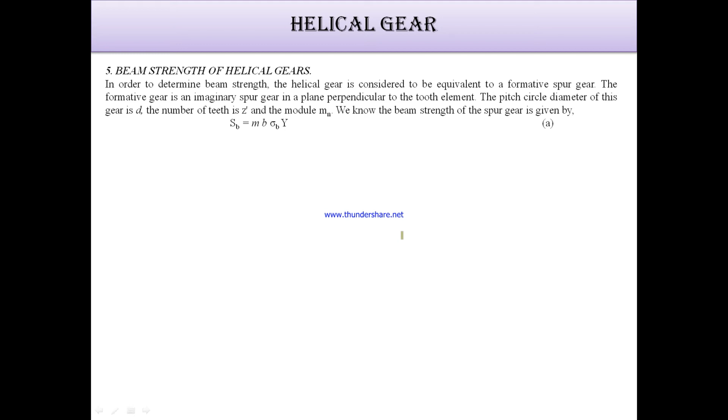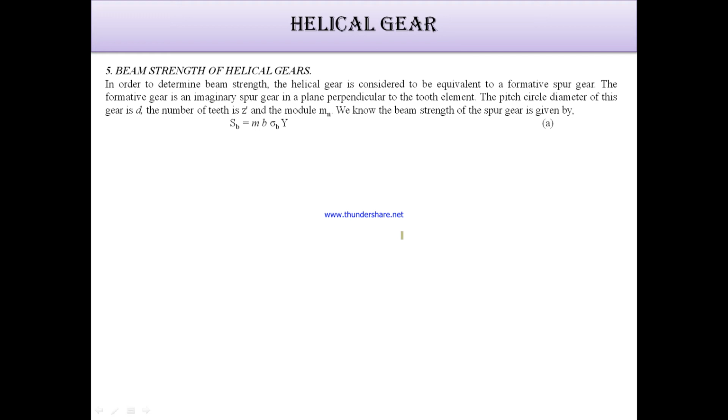We all know that the beam strength of a spur gear is considered to be equivalent to a formative spur gear. So while designing a helical gear, we consider it as a formative spur gear, and based on that we design the helical gear. Whatever formulas you use for spur gear, the same will be applied for the helical gear.